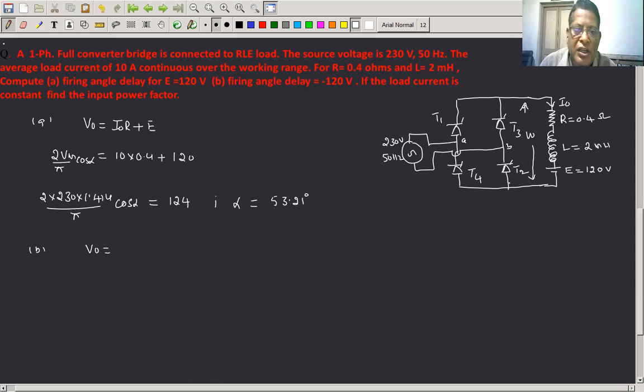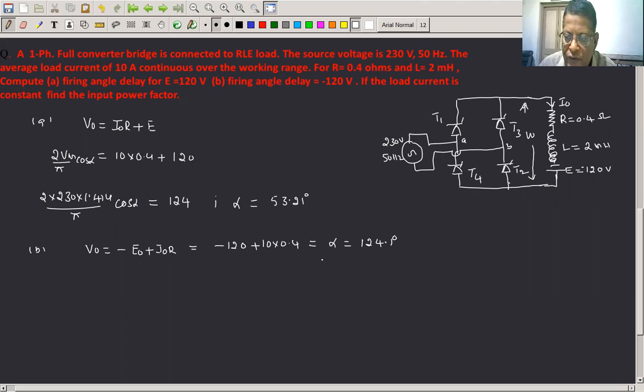Now this polarity changed, this is minus, this is plus, here minus 120. So this is equal to minus E naught plus I naught into R. This is equal to minus 120 plus 10 into 0.4. We're getting the alpha value 124.1 degree. This is the second case.